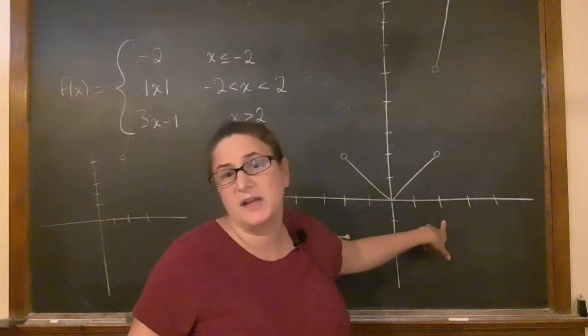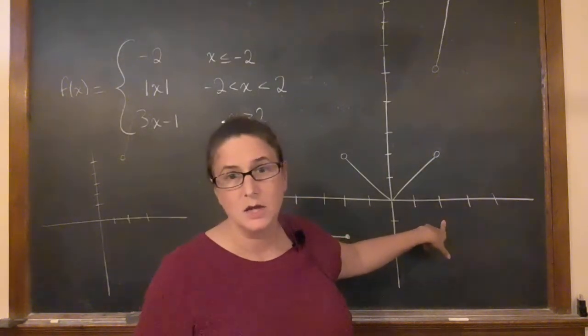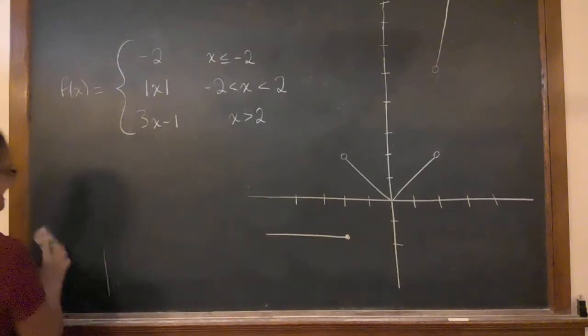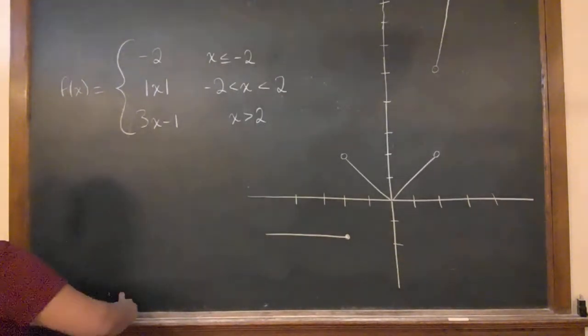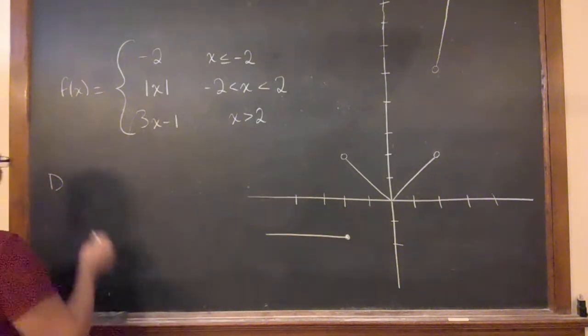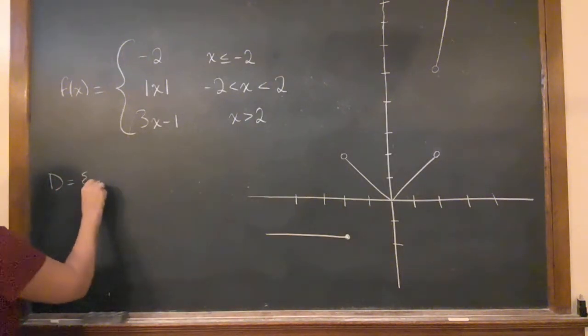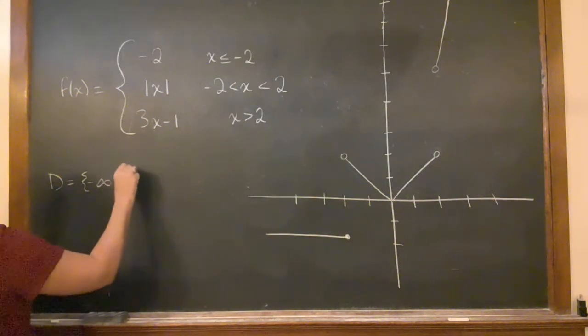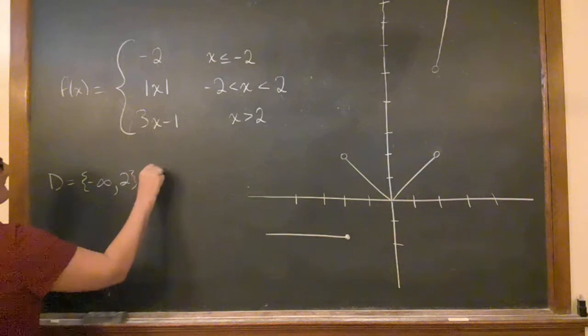We just don't know what it is. They didn't tell us. So that means that when I go and answer the question, what is the domain of this function, I can't just say it's all of R. I have to get rid of that point. Okay? That point is just because it's not been defined. They didn't tell me what it was.